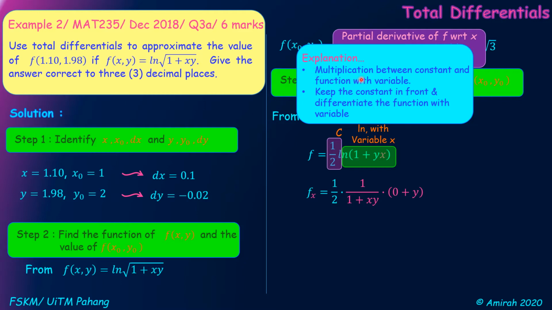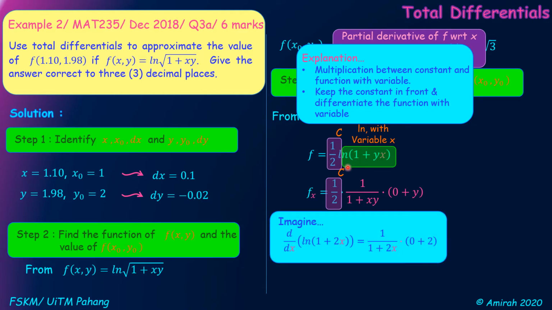Now we have a multiplication between a constant and a function with variable x, because we treat x as the variable when we find fx. If we have a multiplication between a constant and a variable function, we just keep the constant in front and then differentiate the function with variable. The function here is ln.